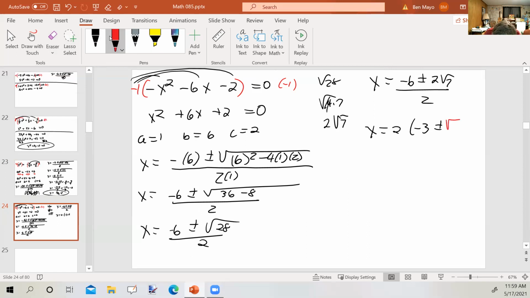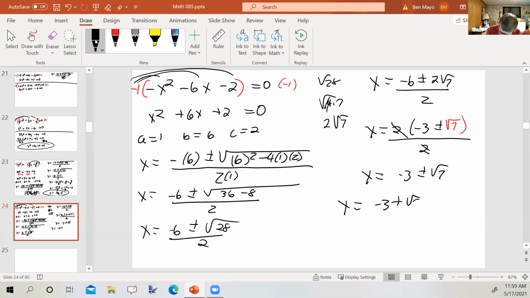Square root of 7, all over 2. Okay, those reduce down, so x is negative 3 plus or minus the square root of 7. So x is negative 3 plus the square root of 7, and negative 3 minus the square root of 7.